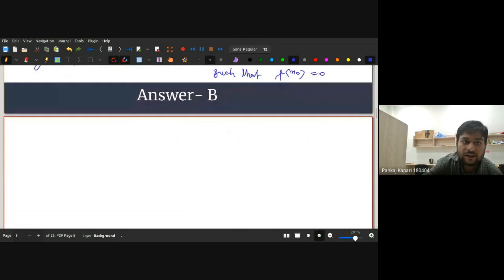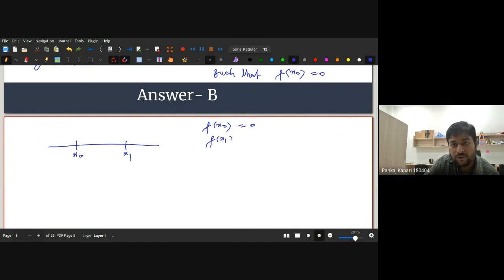If there are other zeros, let's say this is x naught and this is x1. If f of x naught is 0, and there is one more zero such that x naught is not equal to x1, that means the derivative of this function must become 0 at some point, because the function is also differentiable. So we have Rolle's theorem, which will say that there is some c in between, in the interval, such that f prime of c is 0.